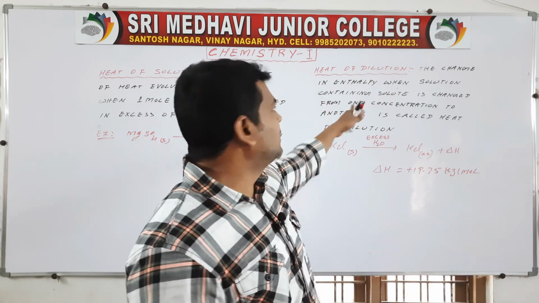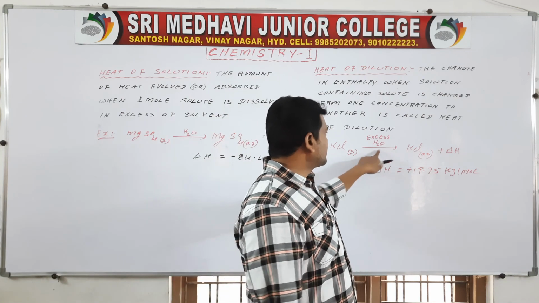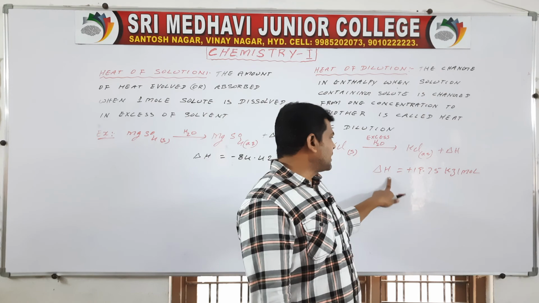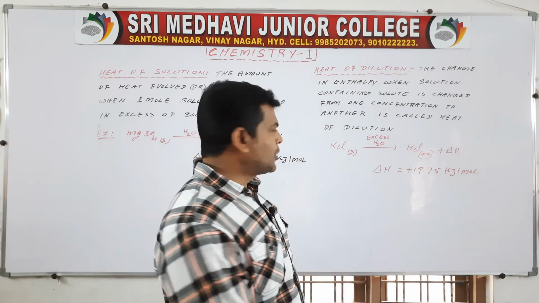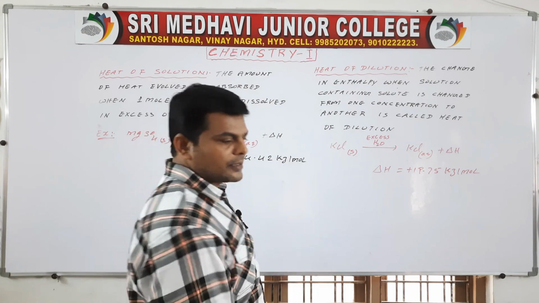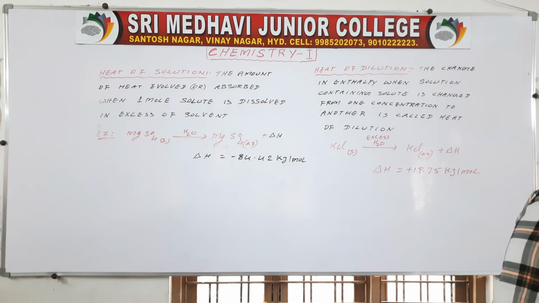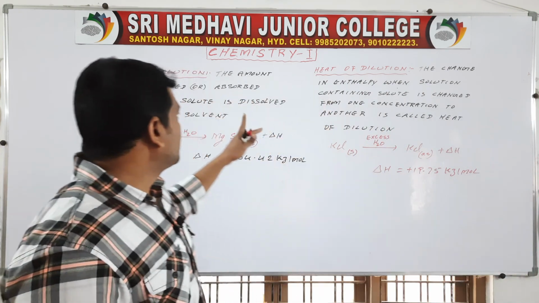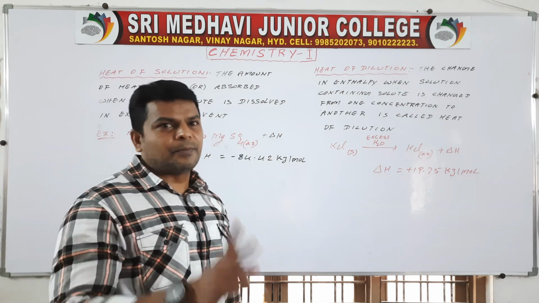That is simply the heat of dilution. Here delta H is equal to plus 19.75; whether energy is absorbed or released, that is the enthalpy of dilution. Heat of solution and heat of dilution are important for 2 marks.